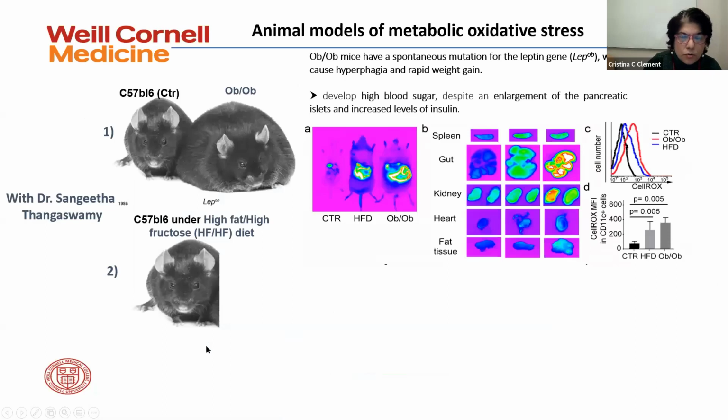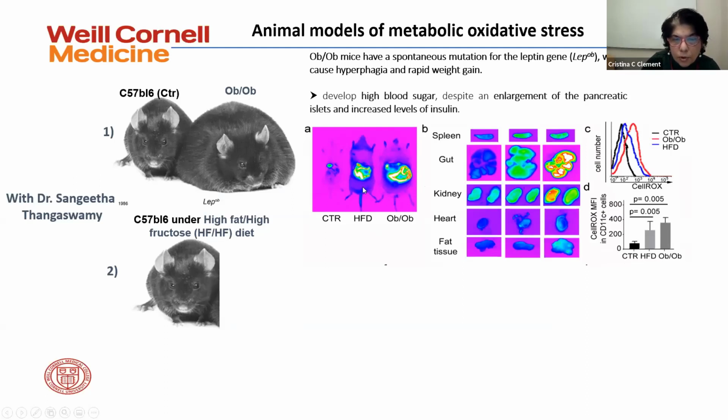So just to introduce the system a little bit more, the mouse models, actually there are three. We have a control mouse, and then the mouse models for metabolic oxidative stress, the OB and the high-fat, high-fructose diet mouse. We wanted first to be sure that this is a good biological system to investigate.